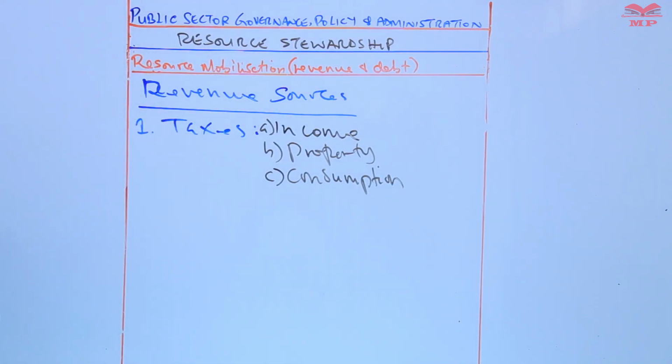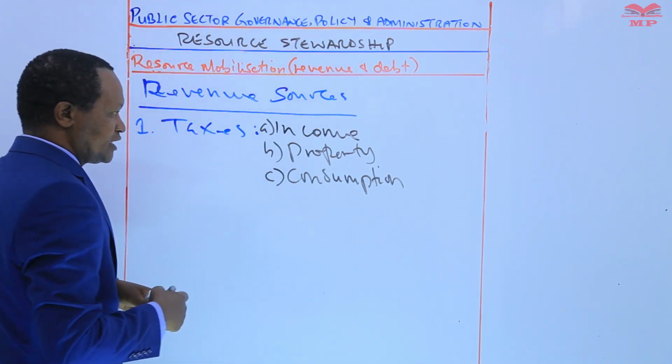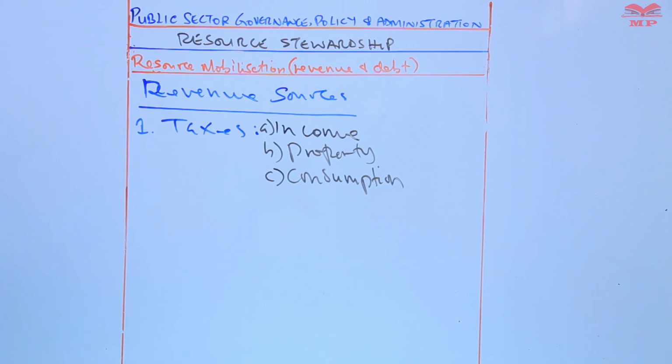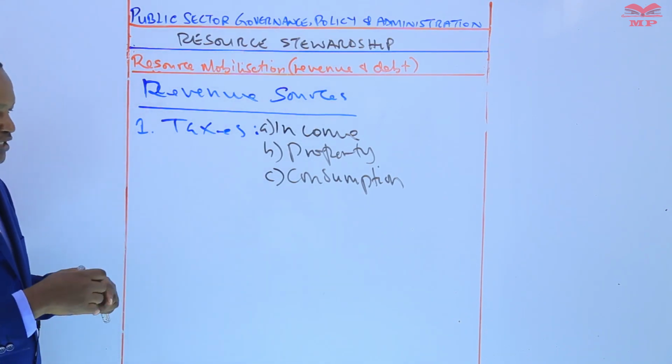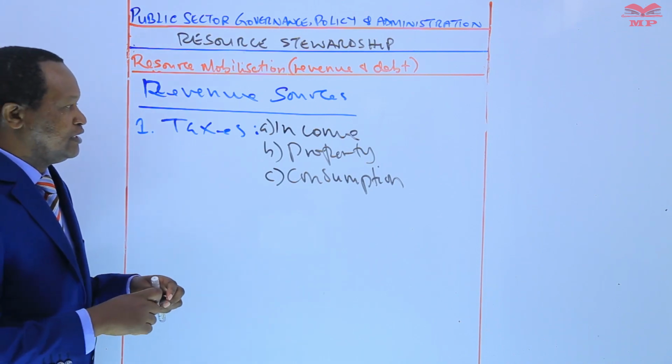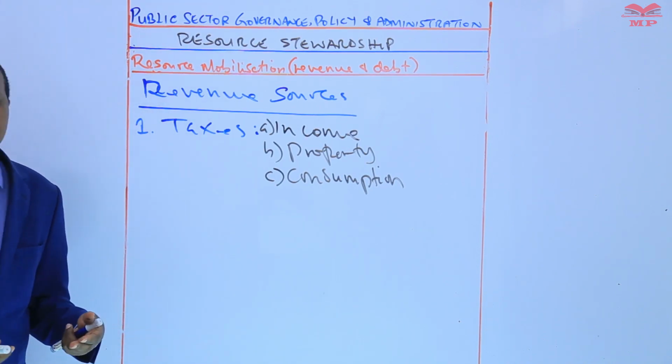These are taxes on goods and services such as the VAT, sales tax, and so on. As individuals buy goods or services, they may as well pay for what we are calling consumption taxes like the VAT.